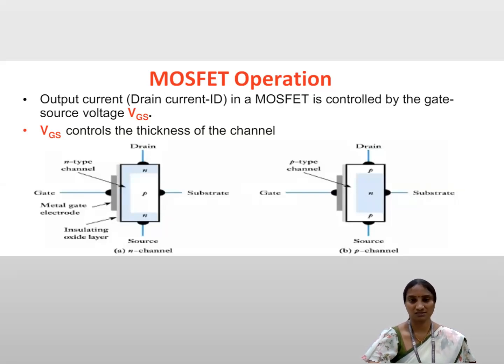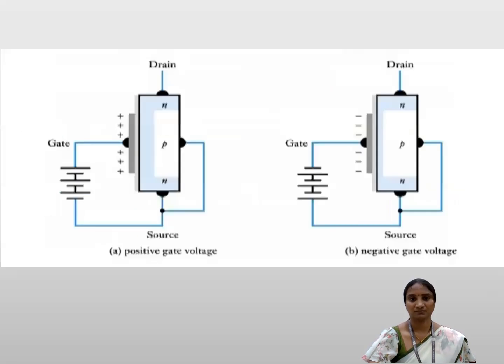This controls the thickness of the channel, and the current conductivity depends on the thickness of the channel. So if the gate to source voltage is given with positive polarity, what happens? And similarly, if the gate to source voltage is given with negative polarity, what happens to the MOSFET? We will see.